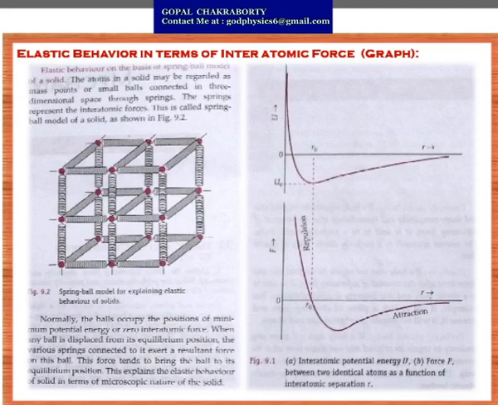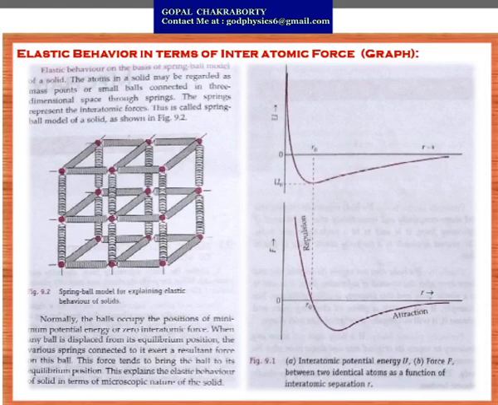The atoms in a solid may be regarded as mass points or small balls connected in three-dimensional space through springs. The springs represent the interatomic force. This is called the spring ball model of a solid, as shown in the figure. Normally, the balls occupy the position of minimum potential energy or zero interatomic force.